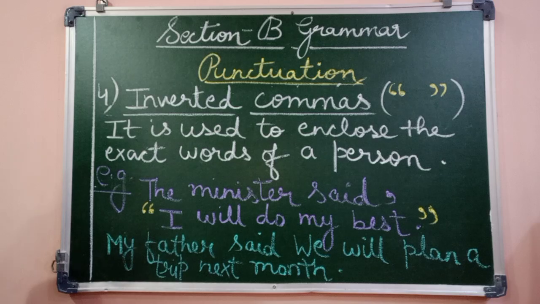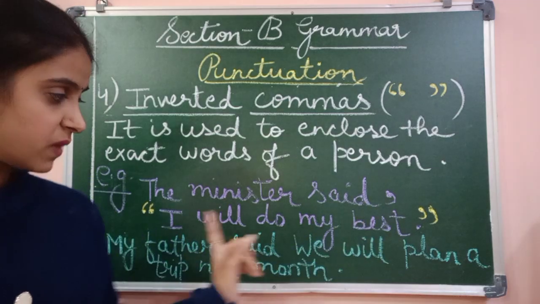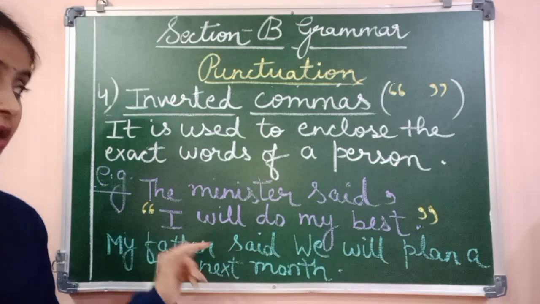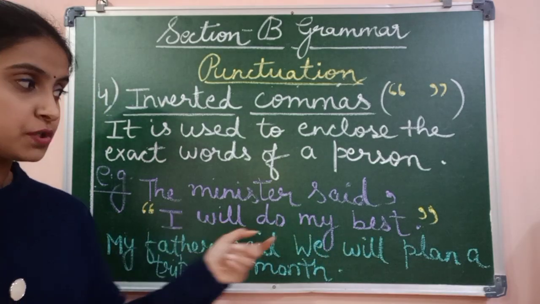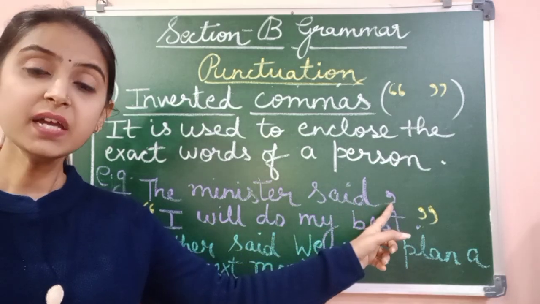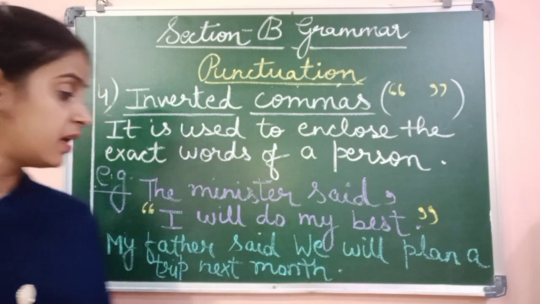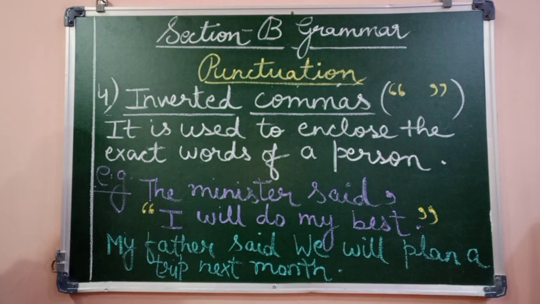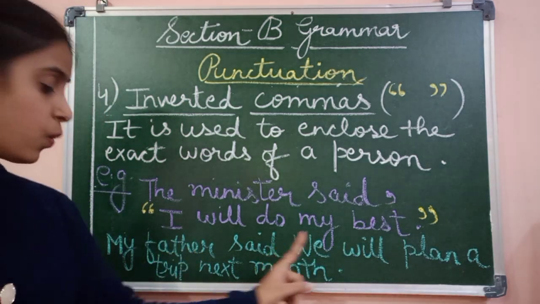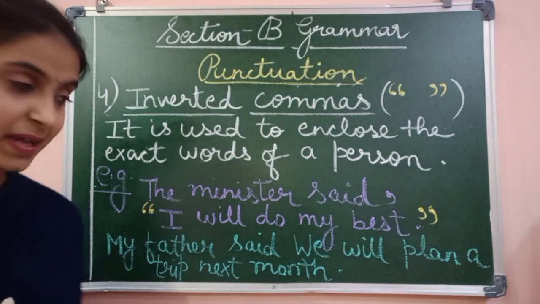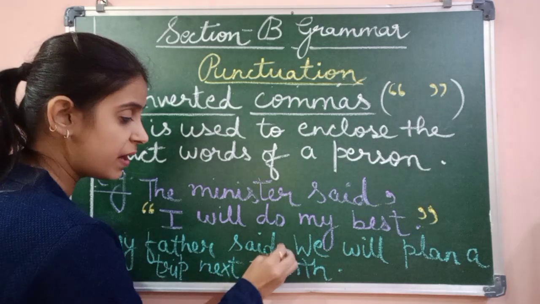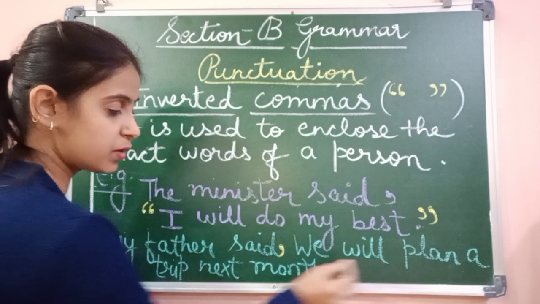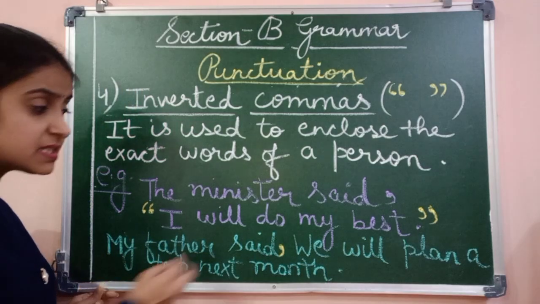Alright. Now here you see the exact words of the speaker are separated from the other words of the sentence by using a comma. Okay. Then in the next example you see, my father said, we will plan a trip next month. Now here we put a comma to separate the exact words of the speaker from the other part of the sentence.